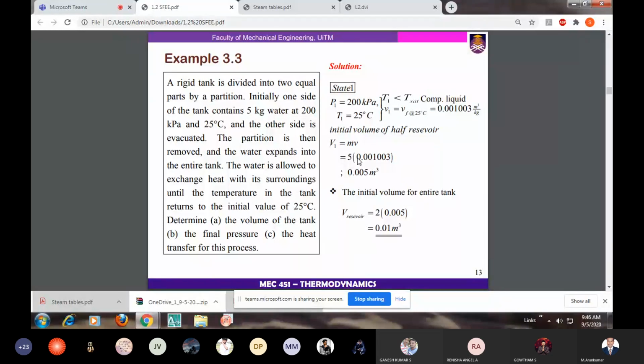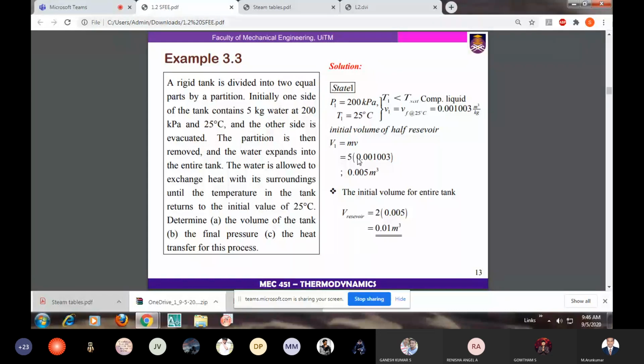This also will be the same. Go through the problem. A rigid tank is divided into two equal parts by a partition. Initially, one side of the tank contains 5 kg water at 200 kilopascal and 25 degrees Celsius. They were given mass, pressure, and temperature. The other side is evacuated.